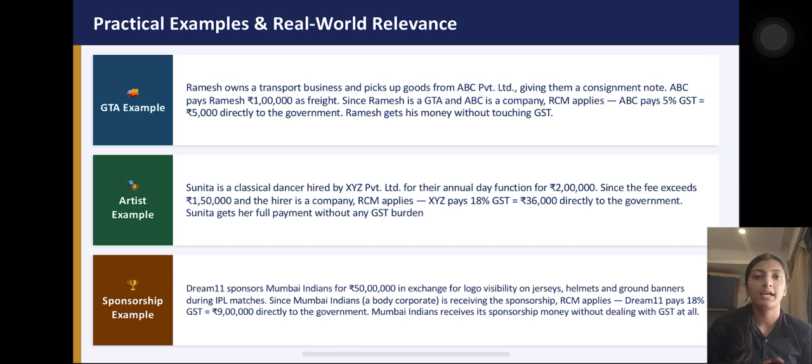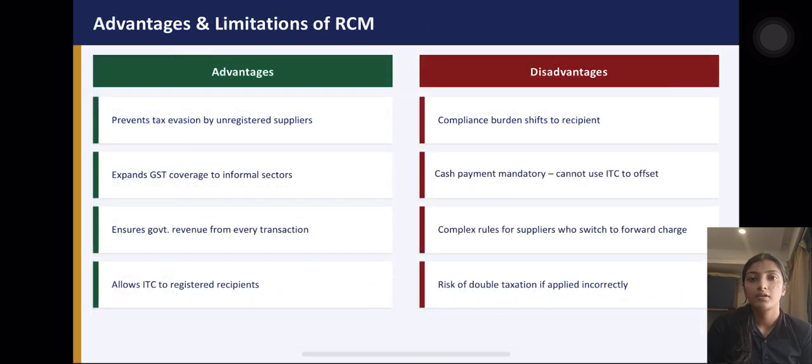Now let's look at some of the advantages and disadvantages. Let's see the advantages first. It prevents tax evasion by making sure even transactions involving unregistered suppliers are taxed. It expands GST coverage to informal sectors. It ensures the government always receives the revenue from every transaction.